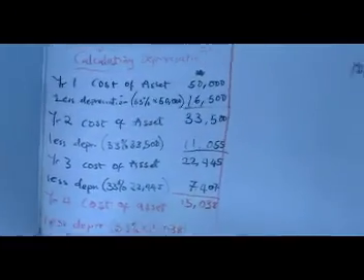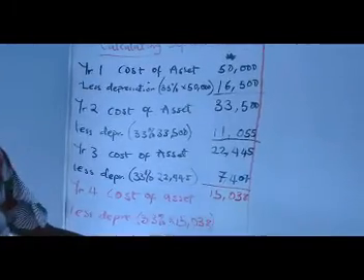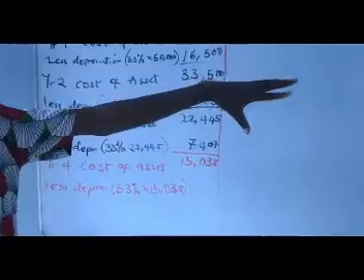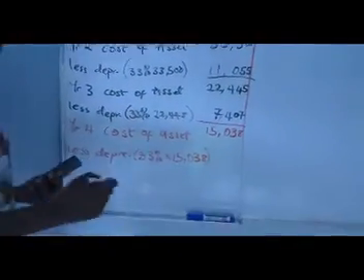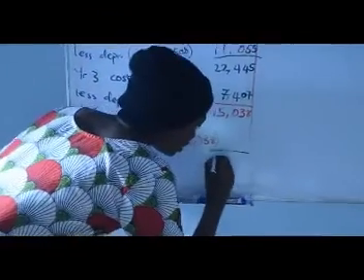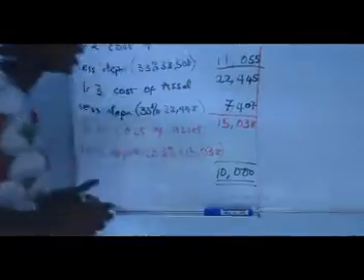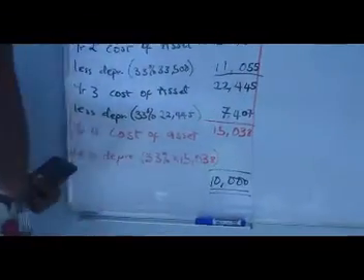Now if you check the 33% times 15,038, you'll be having 4,900 and something. And if you less that from 15,038, you'll be having a value that is more than 10,000 naira. Now I want you to pay attention, because our scrap value must be 10,000 naira. So what we will be doing is that we'll be lessing 10,000 instead of calculating this.